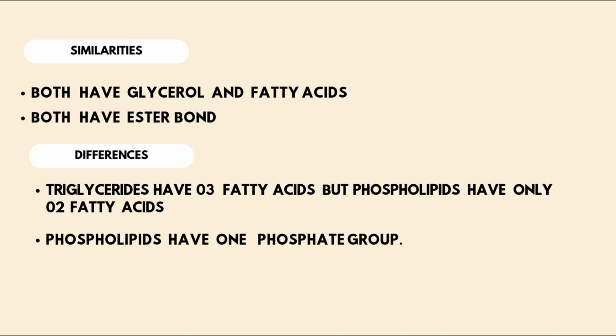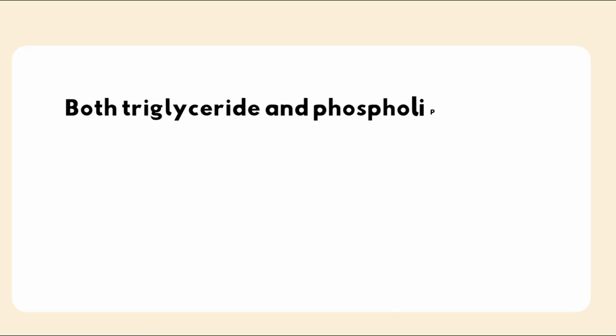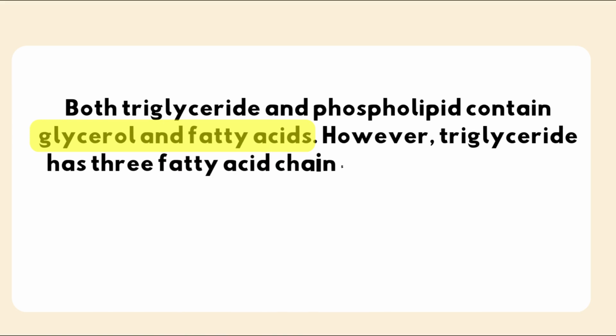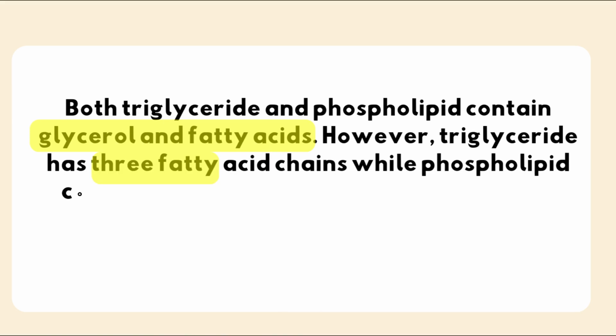You can write your answer in a table using bullet points or in paragraph form. Personally, I prefer paragraph form because it helps you answer questions more confidently. For example, both triglycerides and phospholipids contain glycerol and fatty acids. However, triglycerides have three fatty acid chains, while phospholipids contain only two fatty acid chains.